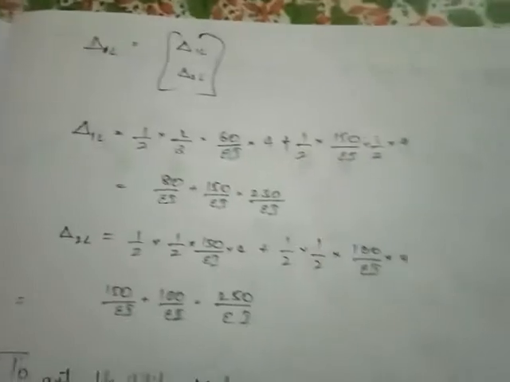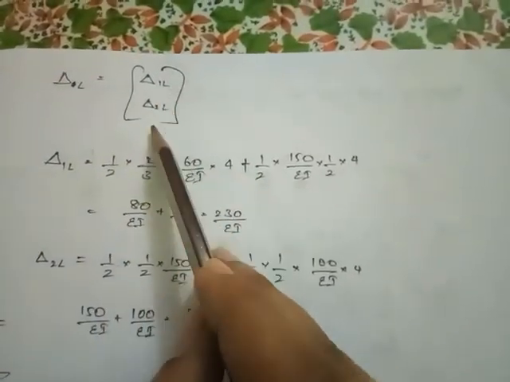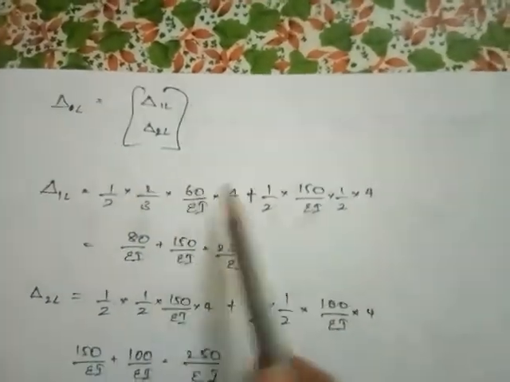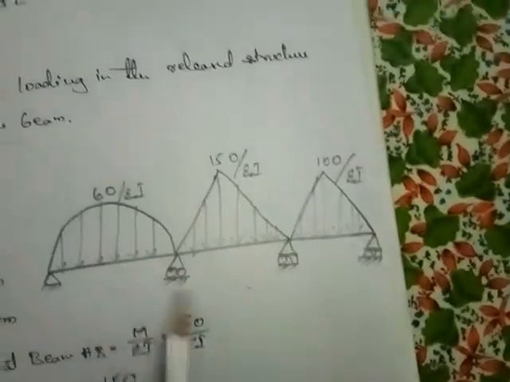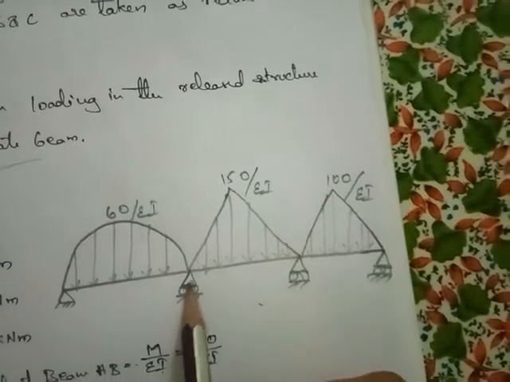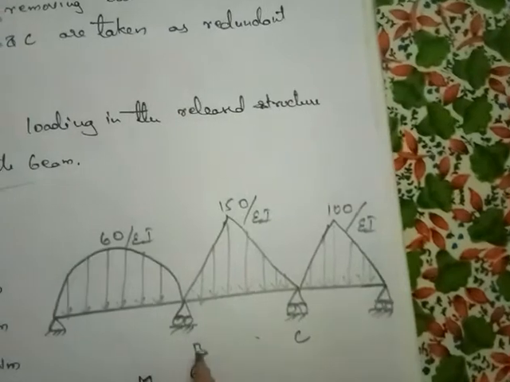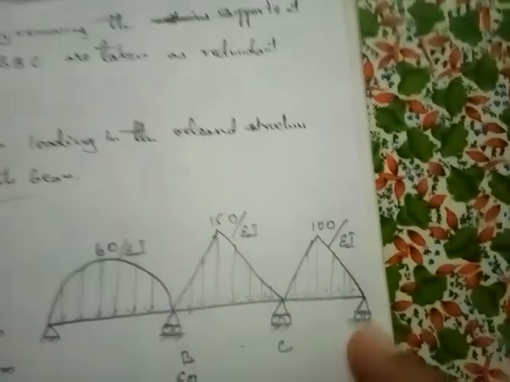So this is the delta matrix, delta L, where delta 1L and delta 2L should be calculated. Delta 1L is the loading with respect to this loading condition at point B and at point C. So delta 1L is due to these two and delta 2L is with respect to these two.